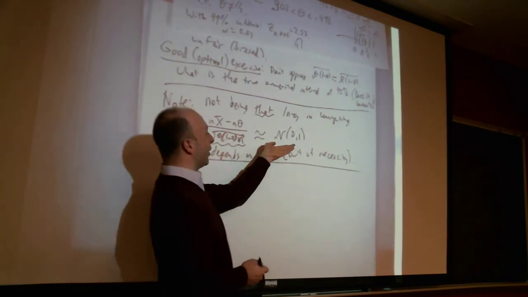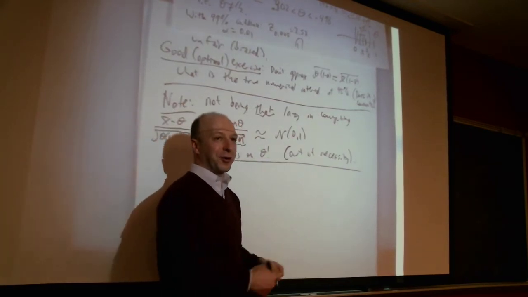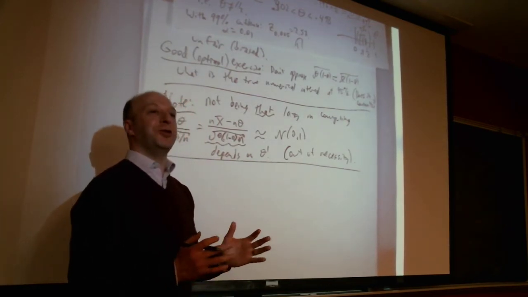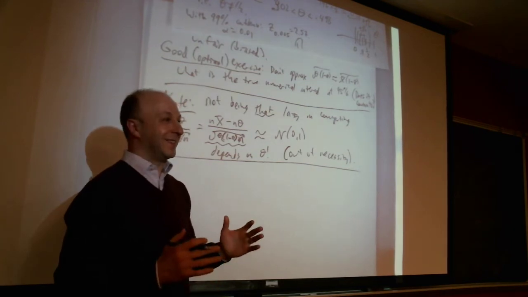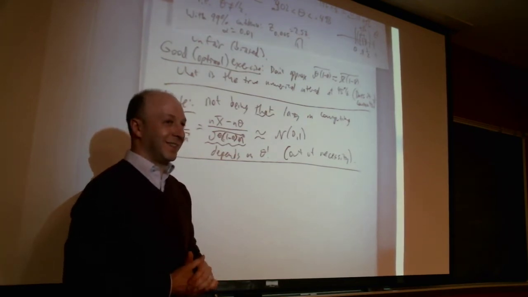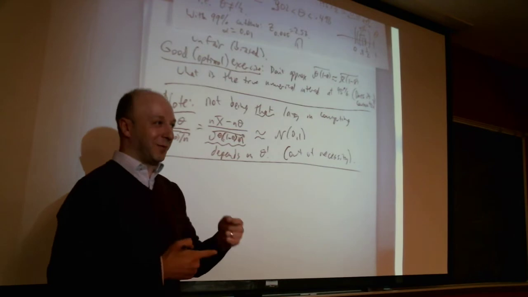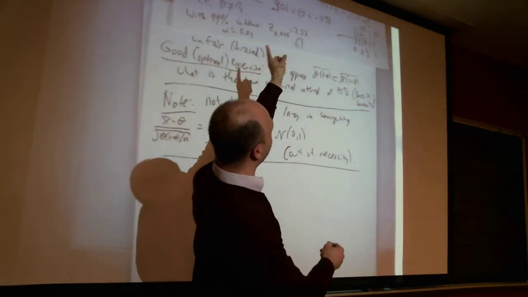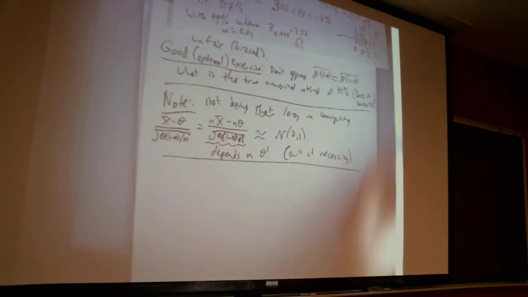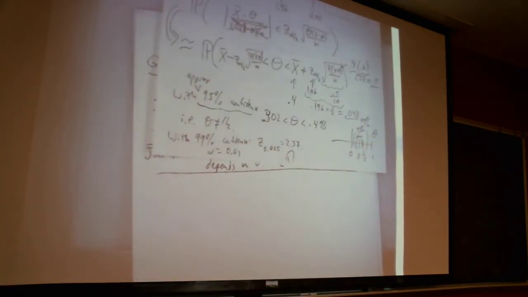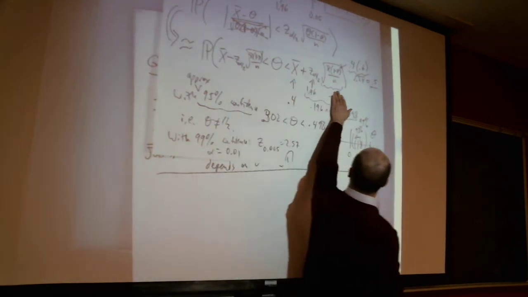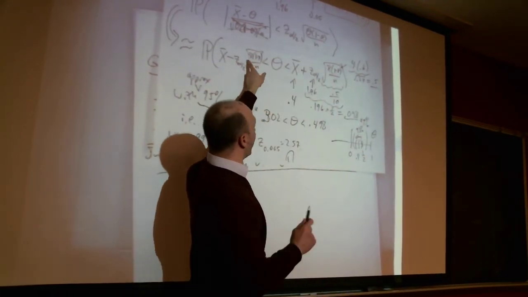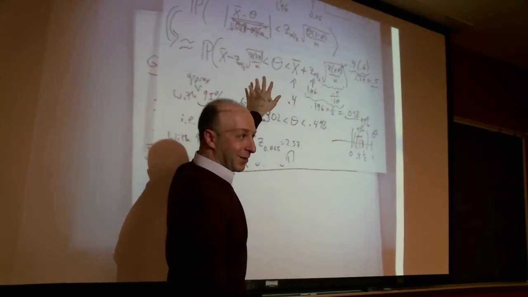What if you saw 30 heads out of 100 coin flips, or 5 heads out of 100 coin flips? How certain would you be that the coin is unfair? You can do all kinds of gymnastics of questions of this form, which are nothing more than algebra on that basic inequality. This is the basic inequality with these approximations. And you don't have to do these approximations, that's the homework.